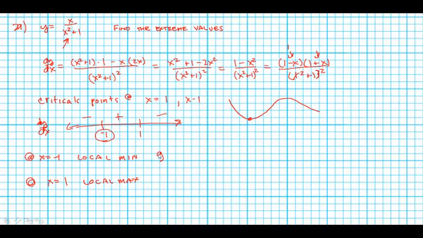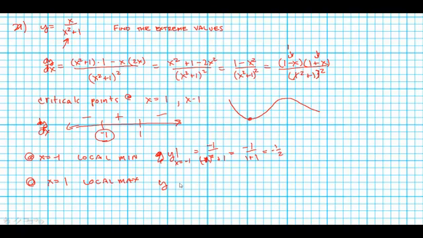The value of y when x is negative 1 is equal to negative 1 over (negative 1) squared plus 1, which is negative 1 over 1 plus 1, or negative 1/2.